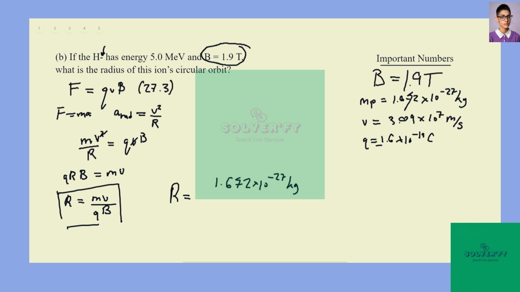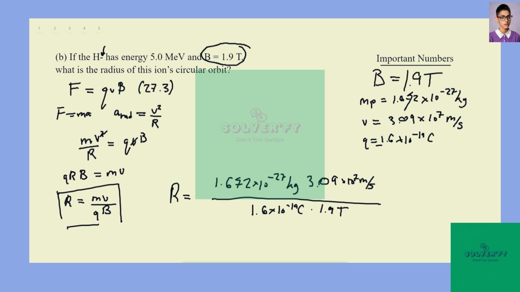The speed, which is 3.09 times 10 to the 7th meters per second. And last but not least, we're going to divide by the charge and the B field. So the charge was 1.6 times 10 to the minus 19th coulombs. And the B field here was 1.9 Tesla.